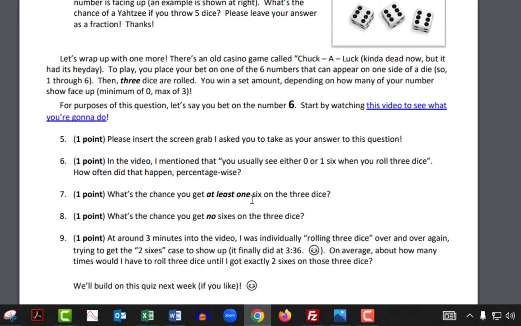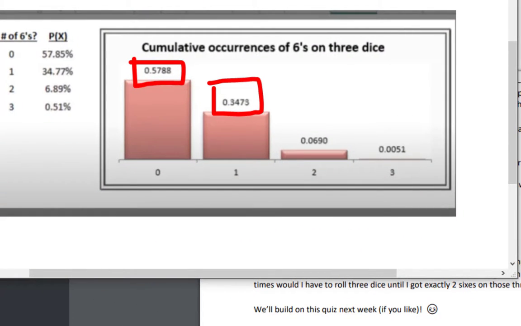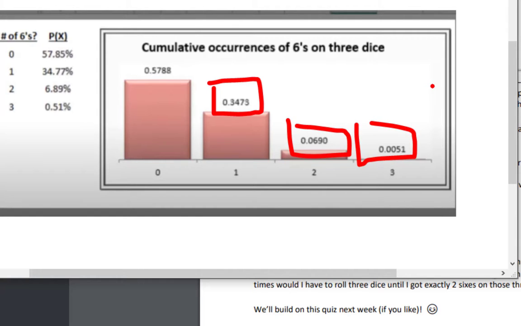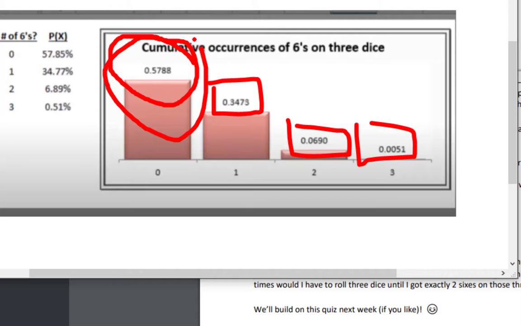What's the chance you get at least 1 6? Okay, back to the screen grab. At least 1 means we can't have none. At least 1 means 1 or 2 or 3. Now, I'm feeling a little bit saucy. I know I have to add those 3 together, or I can just subtract this one from 100%.